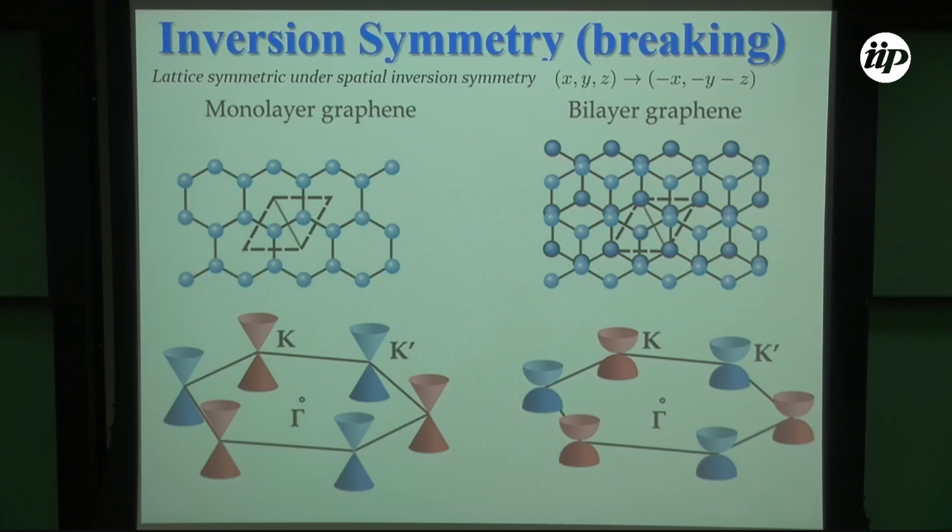We can open a gap, for instance, in the case of a bilayer, for certain stacking. Then you change the on-site energy on the 2 layers by an external electric field, and you can tune this gap.